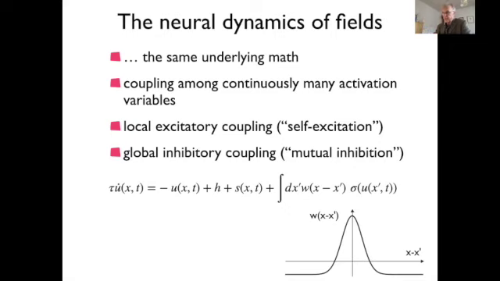That is, they realize detection and selection, and the detection will be critically mediated by local excitatory coupling. We call that self-excitation within a little population. So in the field, we'll introduce a kernel where over shortened distances in the fields, coupling will be positive. And then over larger distances, coupling will be negative, formalized like this. We'll go through that in more detail. And that will realize that competitive regime.